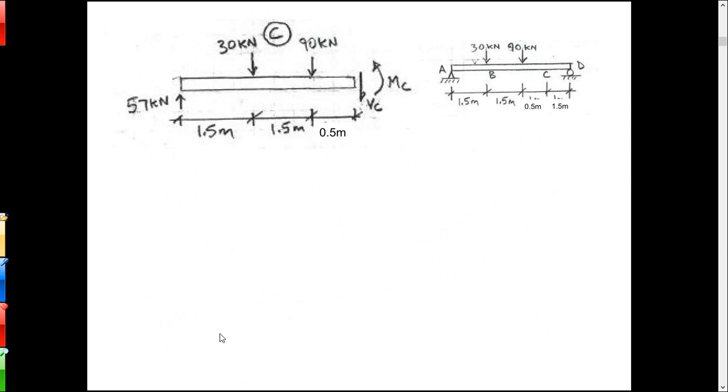Yeah, why don't you work on the right there? I've got that internal shear and moment on there. Why don't you just find what the shear is at C and the moment at C? Okay.